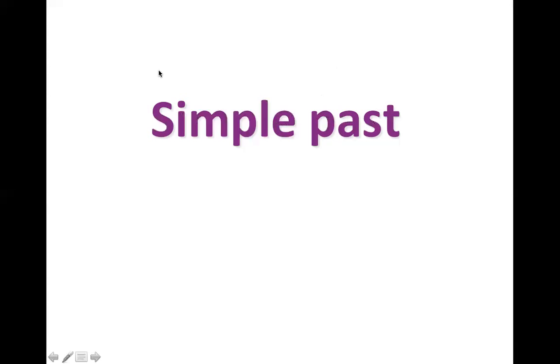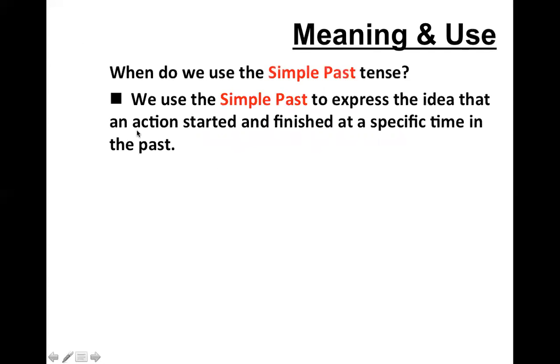Simple past. Meaning and use. When do you use the simple past? We use the simple past to express the idea that an action started and finished at a specific time in the past.